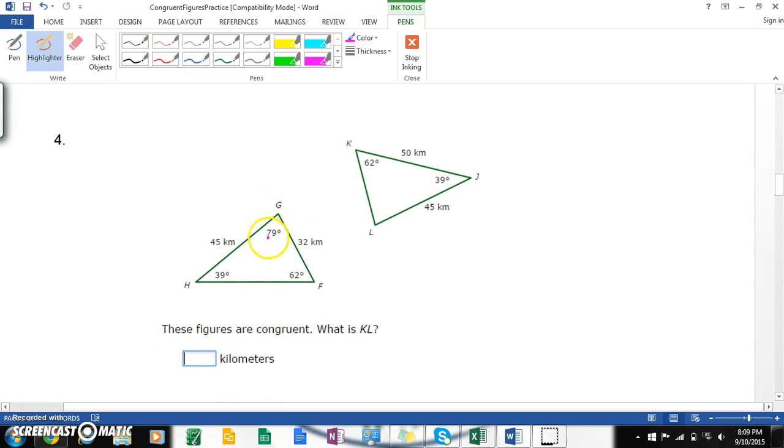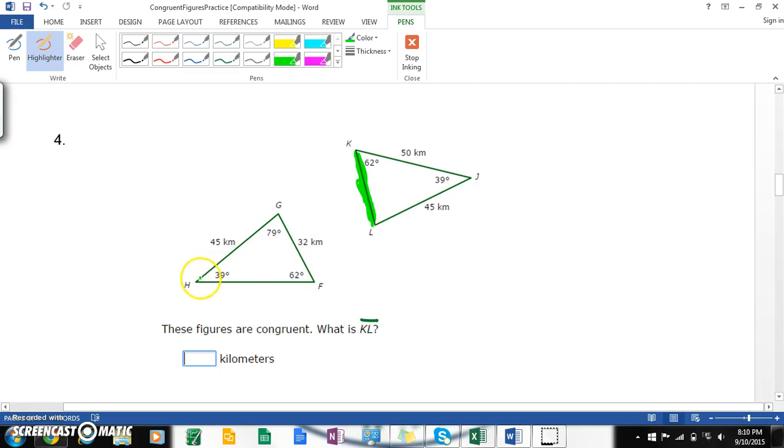Number 4. Once again, pause if you need to, if you need a chance to think about it, if you need a chance to go back and review what I said, please do so. Number 4, once again, gives you that these two triangles are congruent, and it asks you, what is KL? What it should have done is had a line segment KL there, because what you are trying to determine is how many kilometers this side right here is.